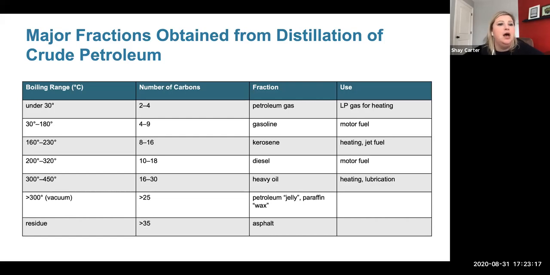At 30 to 180, we're looking at a number of carbons from butane all the way to nonane, and this is gasoline. This is our fraction of gasoline. Remember, the main component of gasoline, the one that your car really craves, is octane. But all of these carbons contribute to the combustion power within your engine.